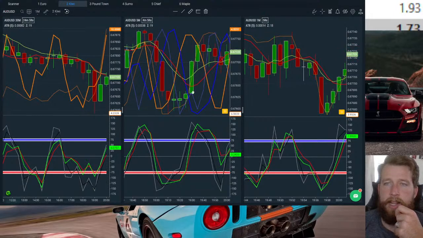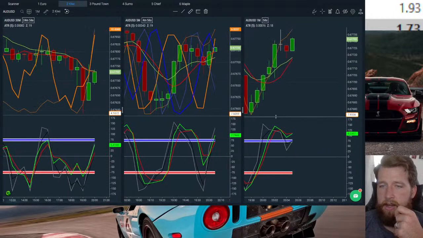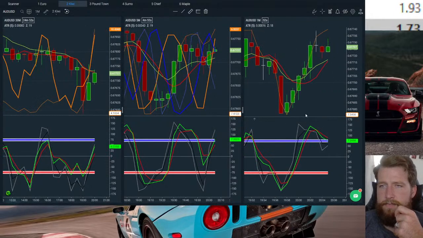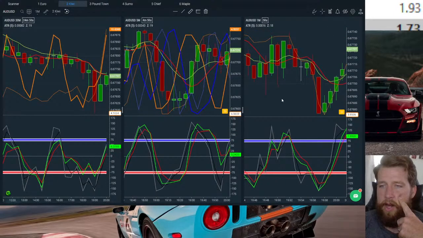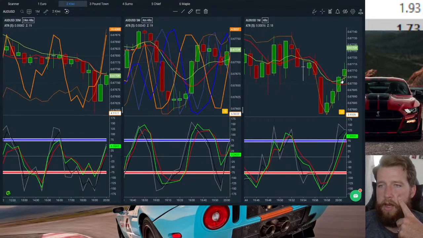This is actually kind of the perfect setup right here, so make sure I'm not missing anything. A little possible gray dagger there, but anyway. So posting above the pressure, which is always a bonus. Orange up, orange up, orange up. Both blues are pointing.